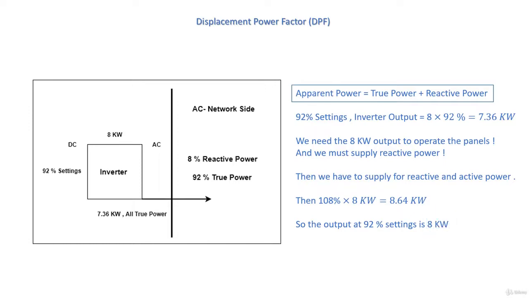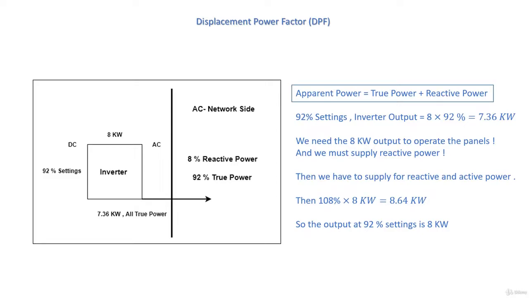The power factor then is 92%, and we could use 8 kilowatt of power. So we have to select an inverter with 8.64 kilowatt rating, for example, to get 8 kilowatt necessary to operate our PV system.